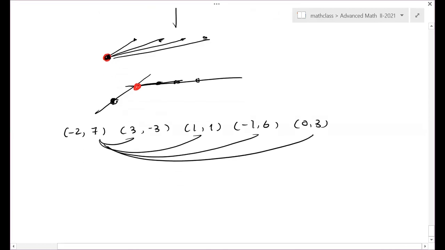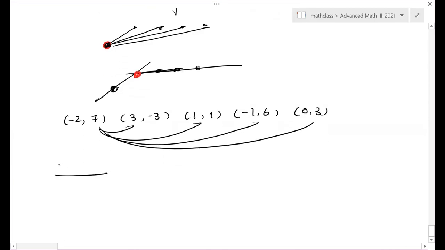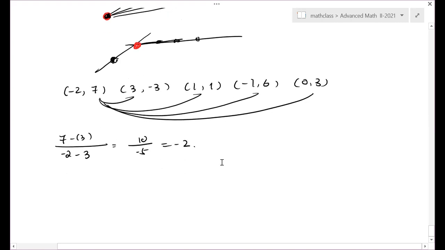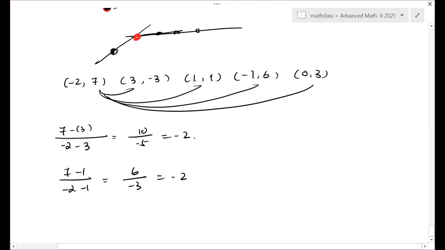Find the slope of this line: 7 minus -3 over -2 minus -3. You get 10 over -5, which is -2. Then the next one: 7 minus 1 over -2 minus 1, so 6 over -3, and that's -2, great.